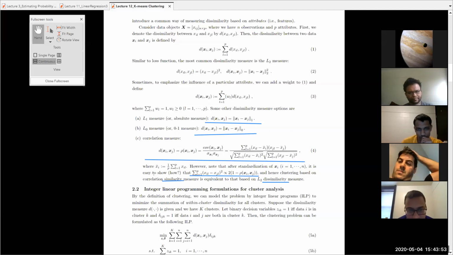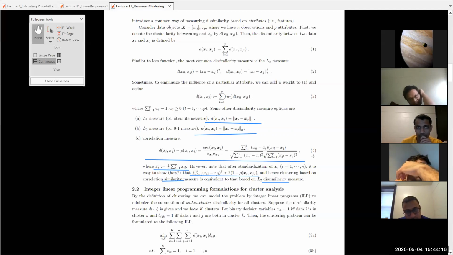And another thing, be careful that X bar i here is the mean of xi over all features. It's the mean of the features, not the mean over the data for a specific feature. This is the mean of a specific data point over all features.